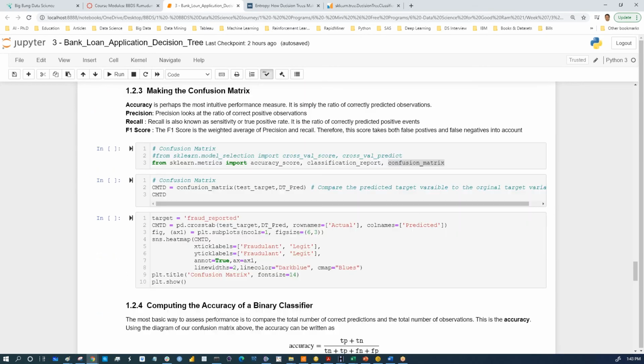Both 20%. So we are going to use a confusion matrix comparing the test target variable, the 20% actual target variable, with the predicted target variable of 20%, and we are going to store it in this variable called confusion matrix decision tree.